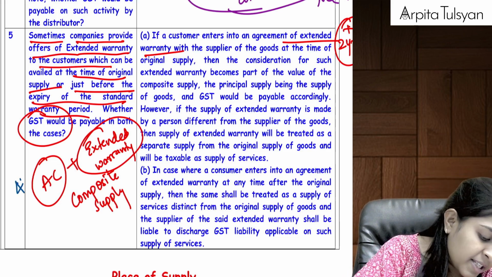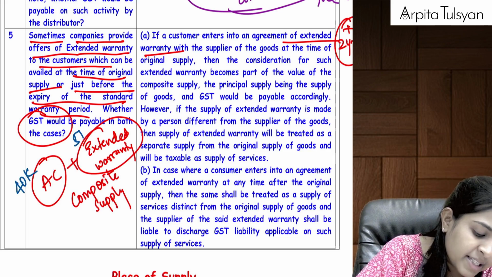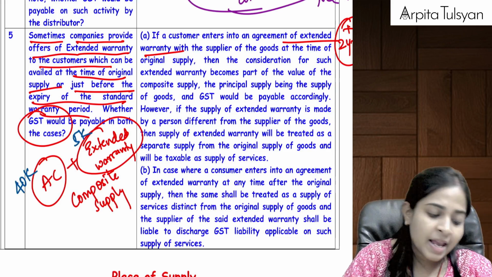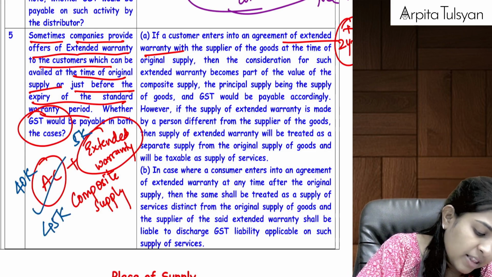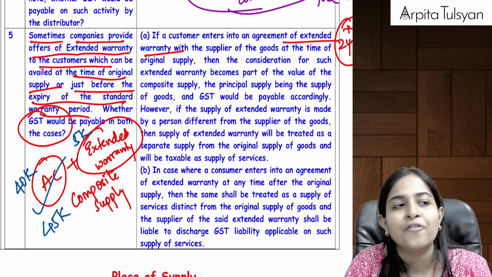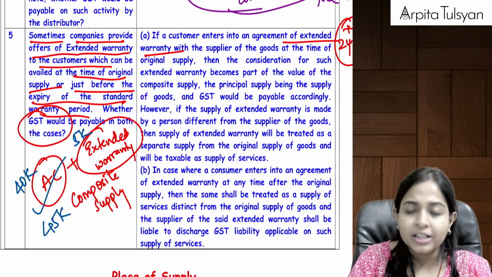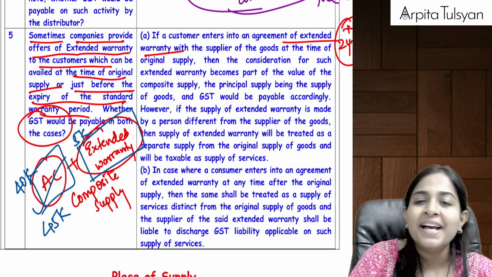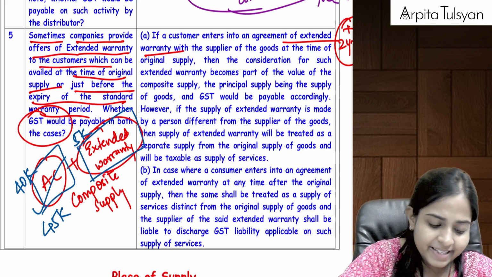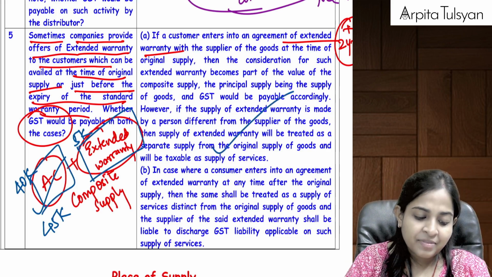Let's say I'm purchasing AC of 40,000 and extended warranty of 5,000. Then what will be the rate of GST applicable? On the total 45,000, the rate of the principal supply, the rate of AC, will be applicable, because AC was my main supply. Yes, that is given here.